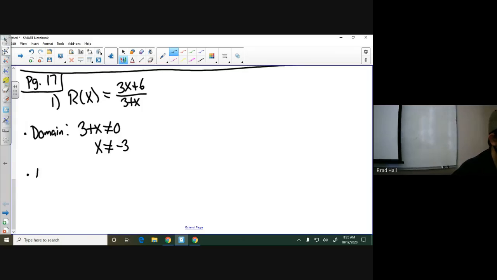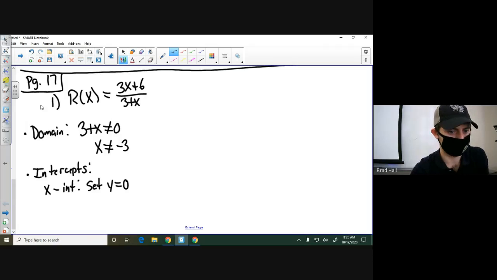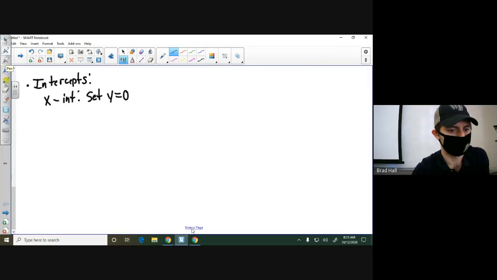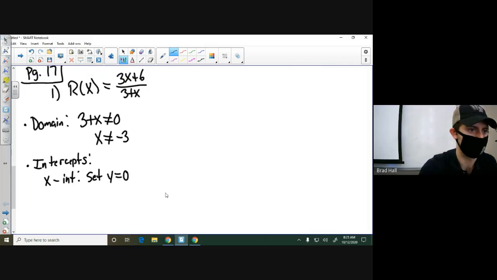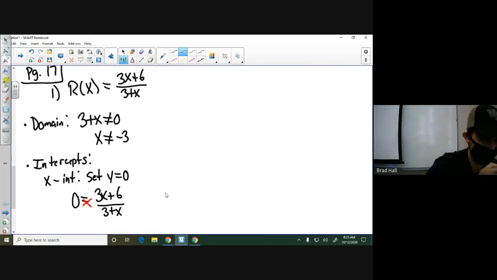Let's also find the intercepts. The problem wants us to find the intercepts. So there's two intercepts. I'll just start off with the x-intercept. For the x-intercept, we set y equal to 0. And so when we set y equal to 0, we're setting the whole fraction equal to 0. And the first thing we do, well, we can cross multiply or multiply both sides by the LCD. It does the same exact thing.